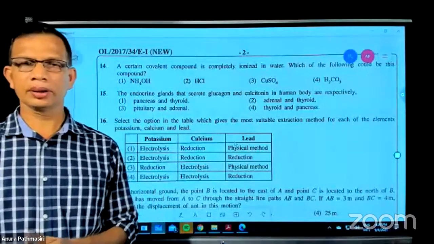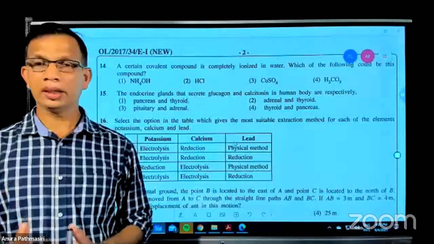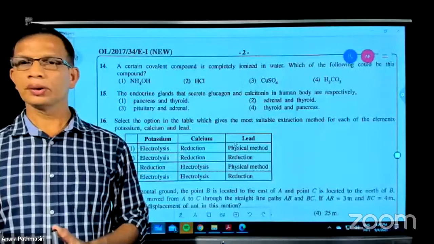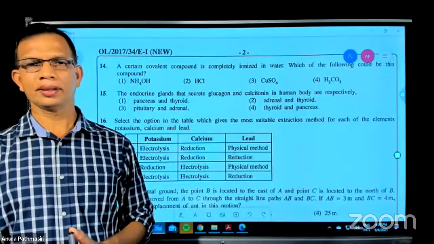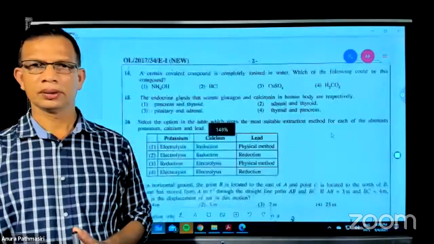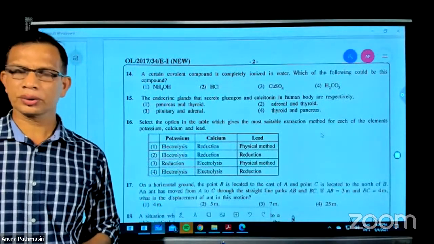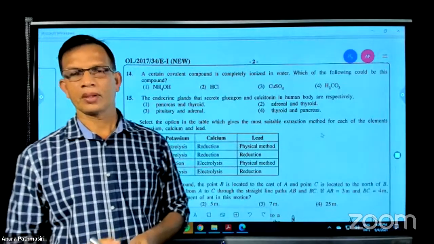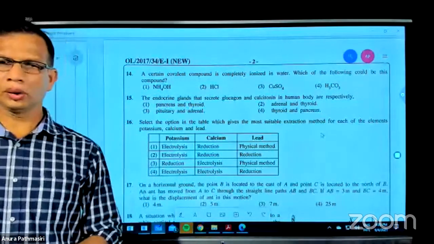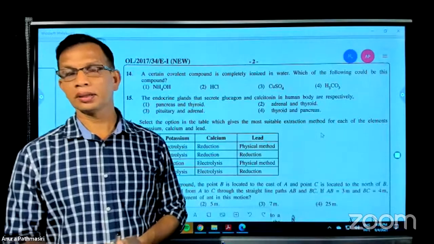A certain covalent compound is completely ionized in water. Which of the following could be this compound? NH4OH, HCl, CuSO4, H2CO3. Ammonium hydroxide, hydrochloric acid, copper sulfate, and carbonic acid.